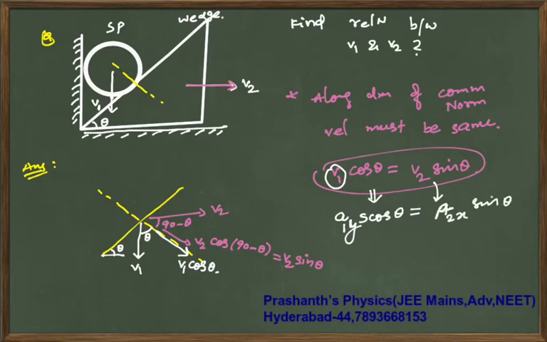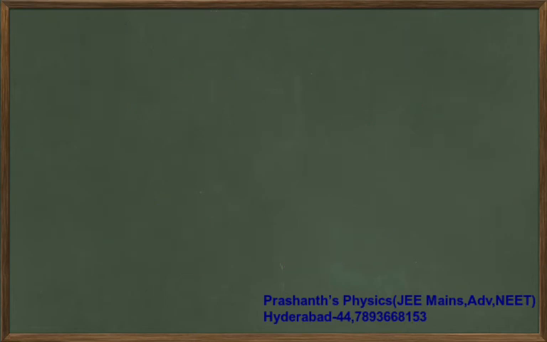I'll keep capital X. This is for the wedge, this is for the sphere. Hope you have understood the question and the solution properly. Chalo, let's try the next question.